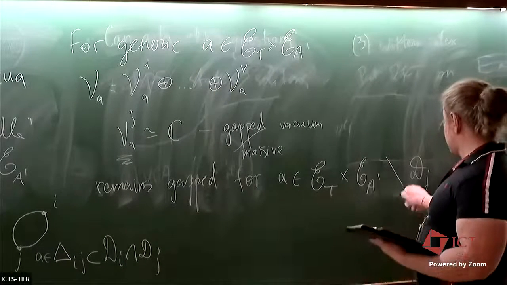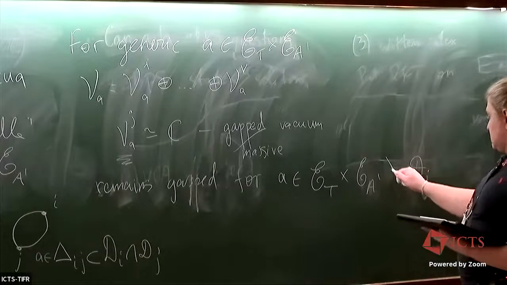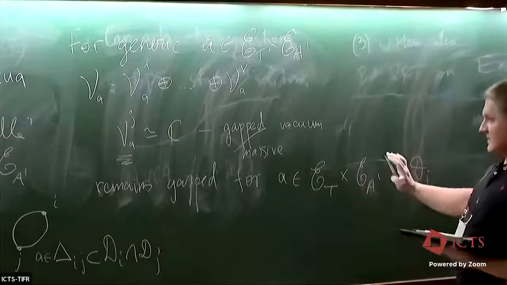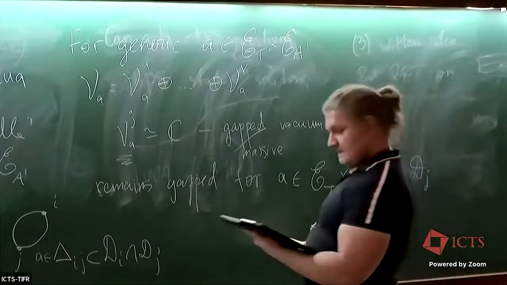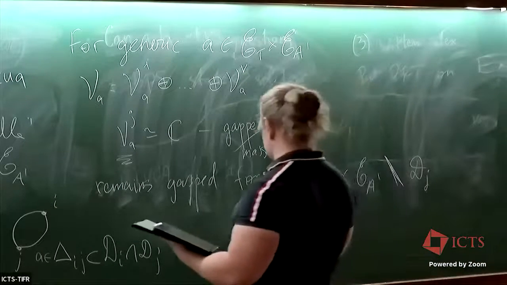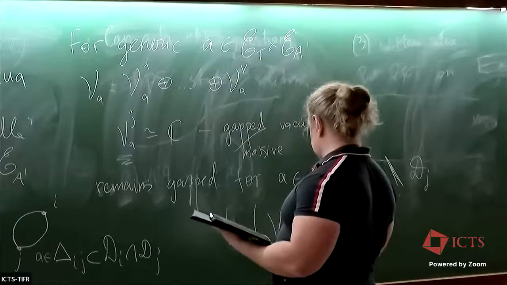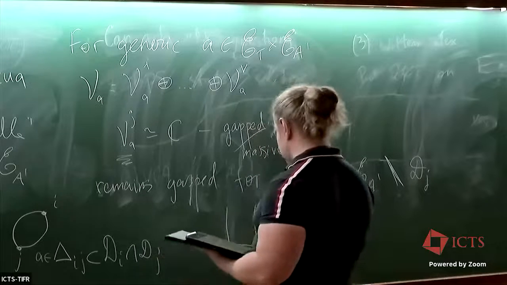So if you remove this subset, then the vacuum is gapped, and these one-dimensional spaces can be again glued together.